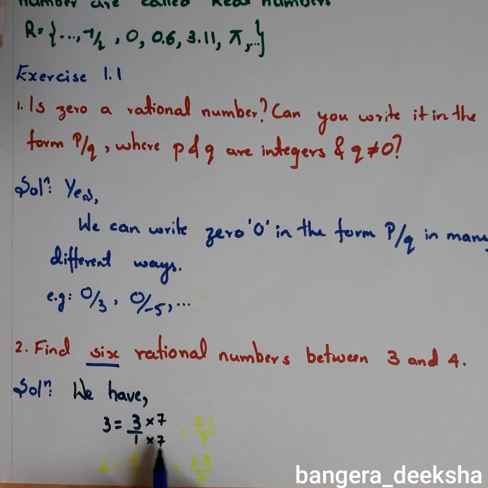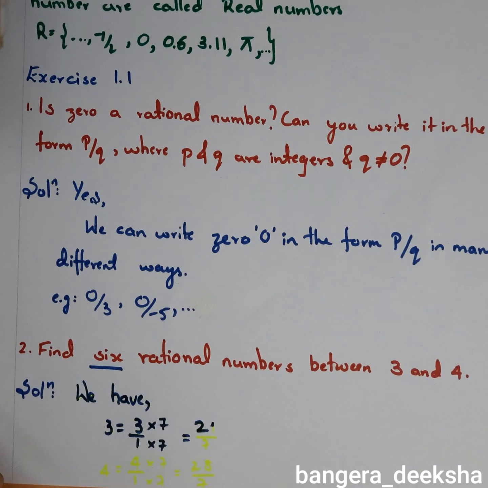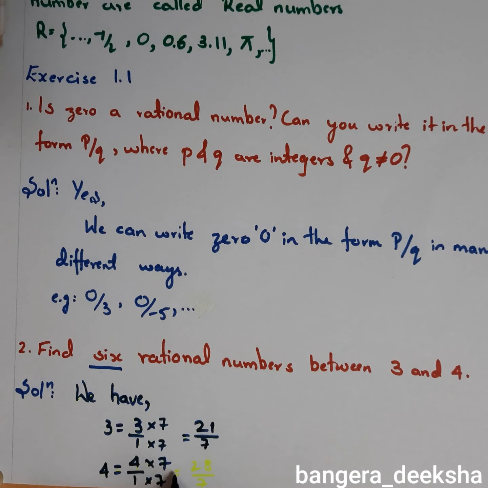After multiplying by 7, 3 becomes 7 3s are 21 divided by 7. Similarly, we can write 4 is equal to 4 divided by 1, and multiplying both numerator and denominator by 7, we will get 28 by 7.